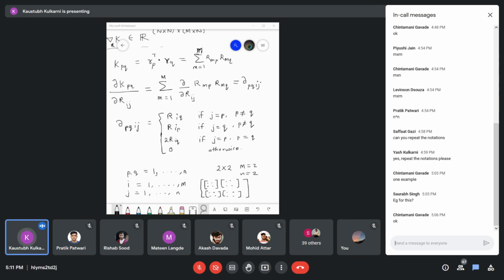I'll take the attendance. See, for 2 cross 2, the answer will look like a 4 cross 4 matrix, but it is actually a tensor: a 2 cross 2 matrix where each element is a 2 cross 2.